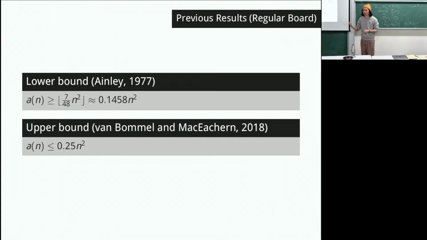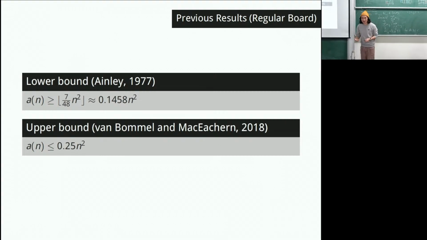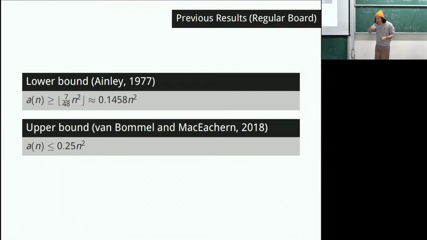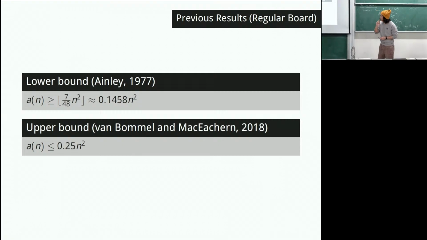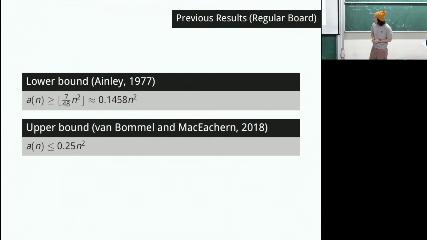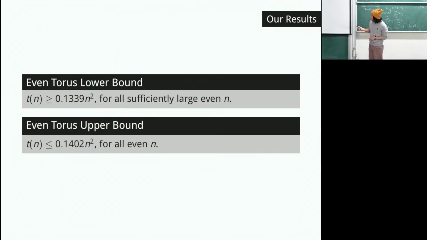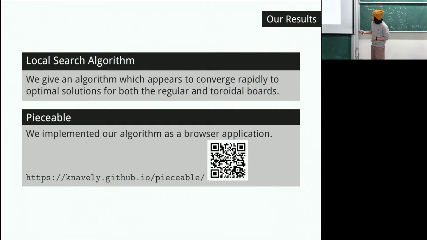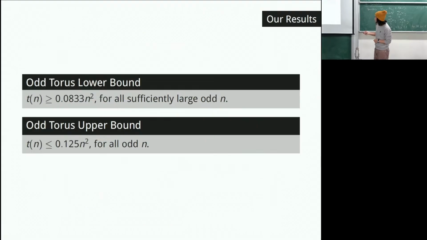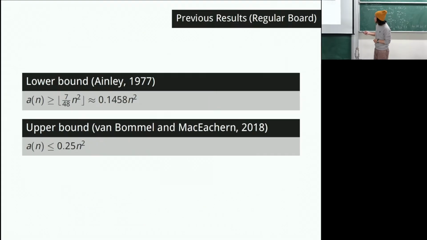So this bound holds for peaceable rooks. Rooks are just pieces that move horizontally and vertically. And for peaceable rooks, it's actually tight, because you can place a quarter of the squares. Our proof definitely uses the fact that queens can attack diagonally.